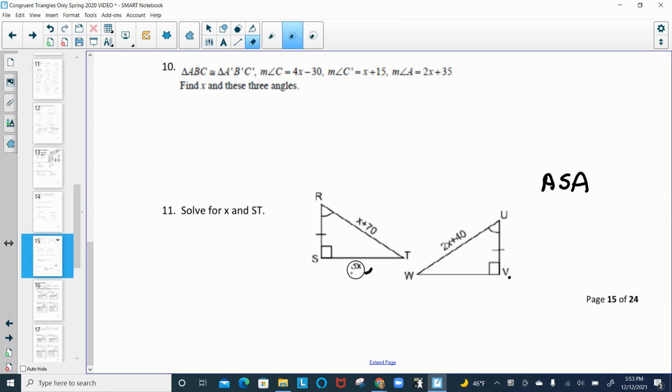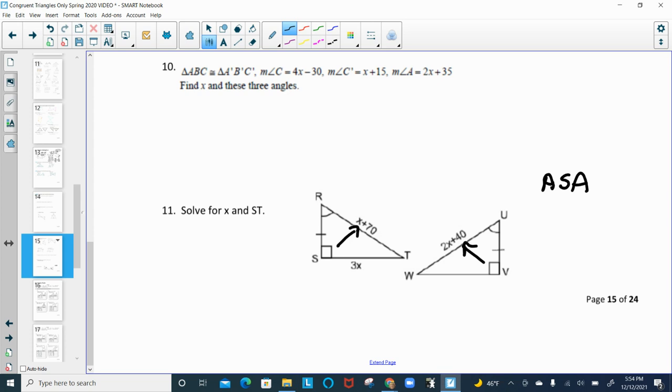So we can't really use that. But if you look at this, see how we know both of the hypotenuses. If we know both of the hypotenuses, we know that those are the longest side in each triangle. And those would be congruent partners to each other.